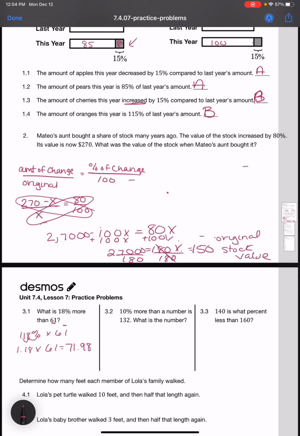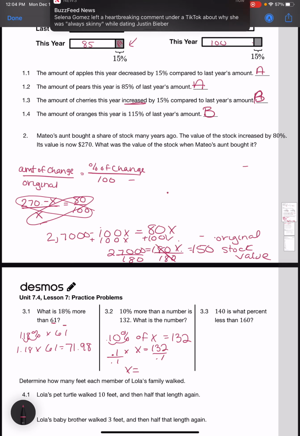10% more than a number is 132. What is that number? So 10% of a number is 132. So what I can do is change this to a decimal. So 1/10 of x equals 132. So I can divide both sides by 1/10. X is going to equal 132 divided by 1/10.